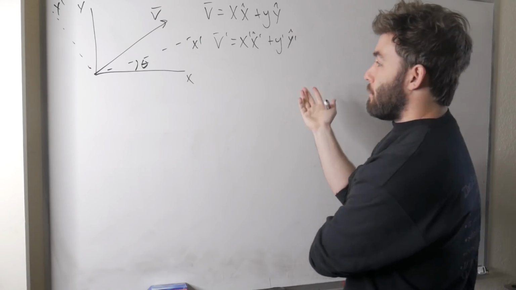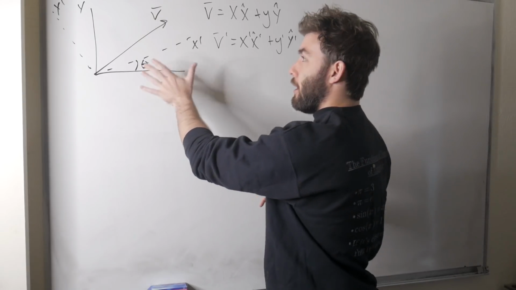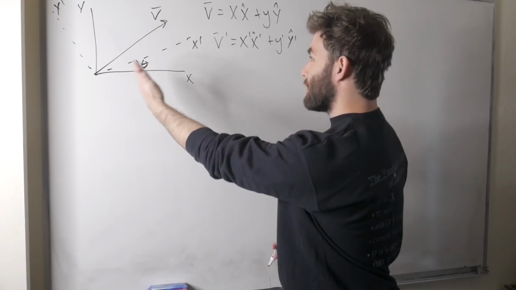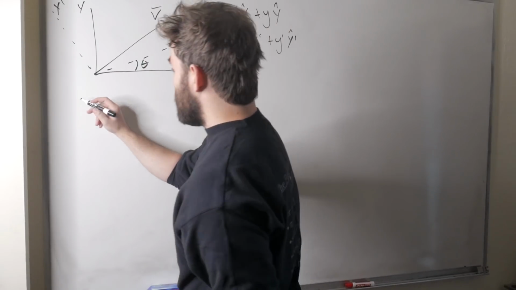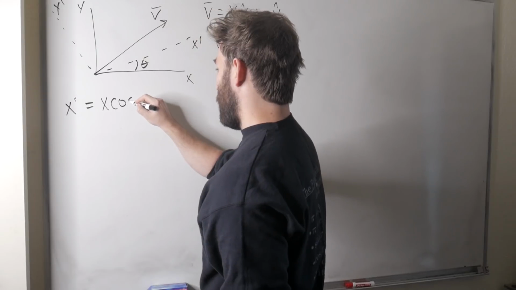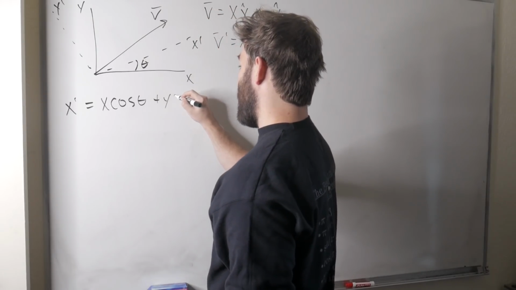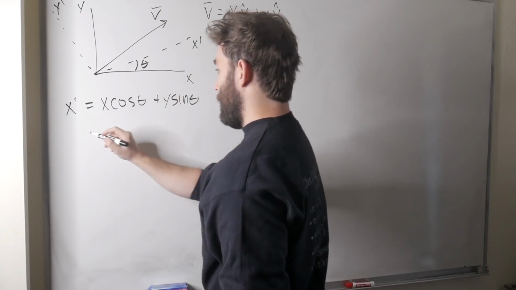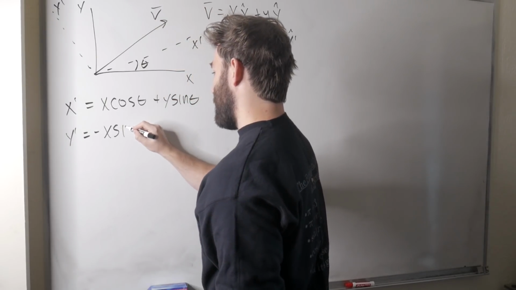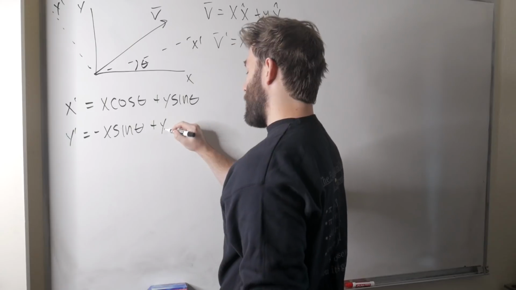And there's a relationship between the x prime, y primes, and the x's and y's. There should be, because they're equally valid ways of describing the same object. And the relationship is x prime is equal to x cosine theta plus y sine theta, and y prime is equal to minus x sine theta plus y cosine theta.